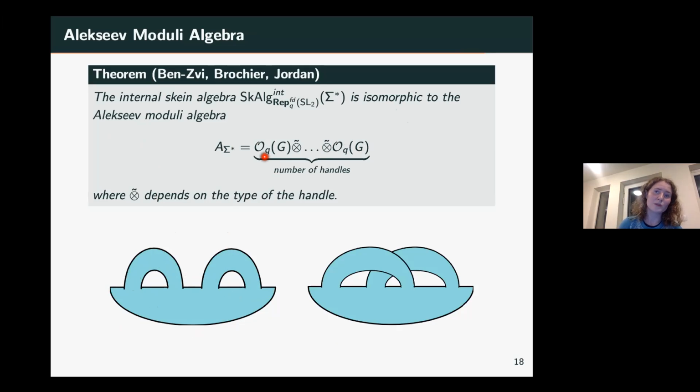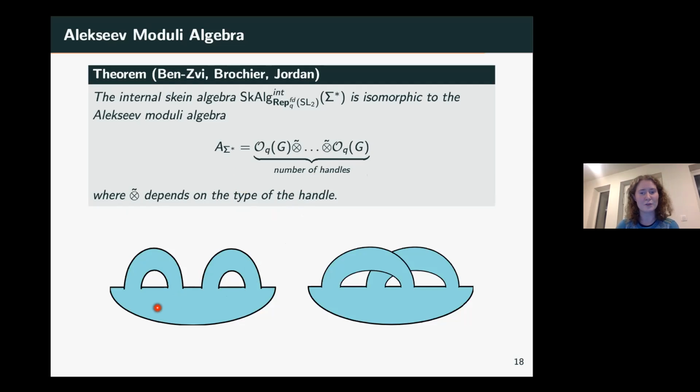And so what we do is we have one reflection equation algebra per handle, and you use a tensor product between them. The tensor product just depends on the type of handle. In this case, these handles have nothing to do with each other; one's on the left, one's on the right. So the tensor product we use is the braided tensor product, which is controlled by the R matrix again.